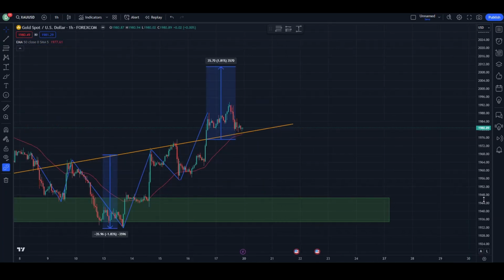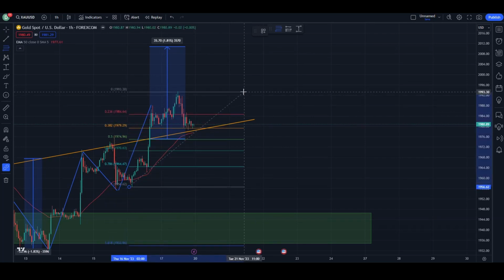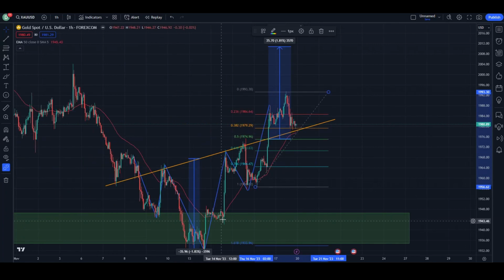Additionally, if you look at this last short-term upswing and the current correction, and you place a Fibonacci on it, you're going to notice that the price corrected exactly to the 0.382 Fibonacci retracement level. The price produced a breakout from the pattern as it crossed the orange line over here.